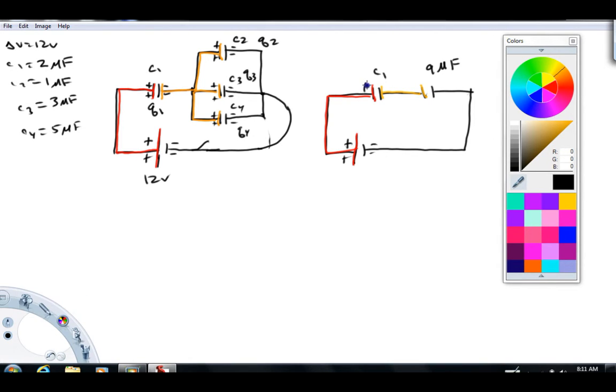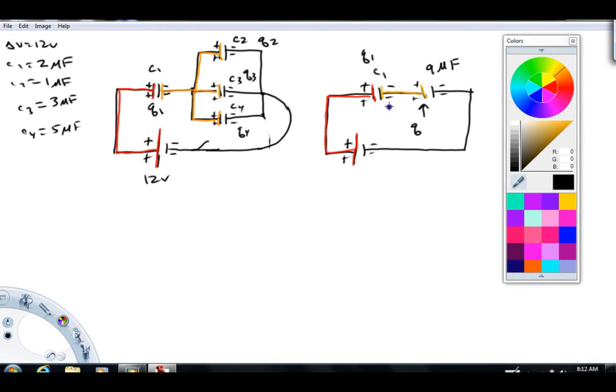And again, our charges are looking like this. Q1 is the charge on C1, and then I'm just going to call the charge on this capacitor Q. And that's an unknown value as of right now.